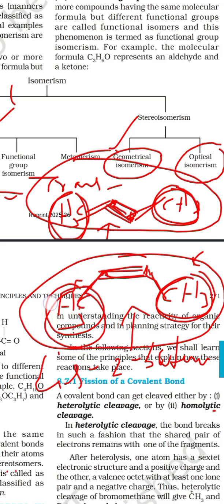When both the groups are on the same side, that is called the cis isomer. When both the groups are on opposite sides, that is called trans. So like this, cis-trans isomerism exists, and this is also called geometrical isomerism.